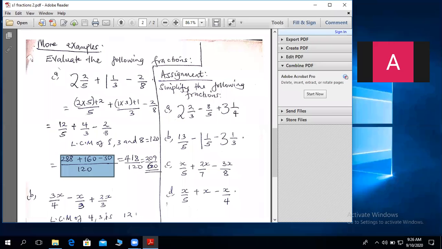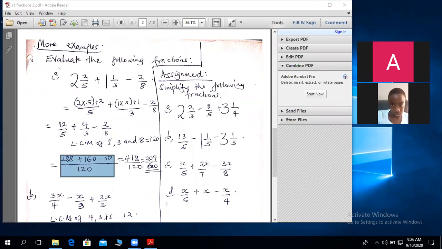The calculator should be able to give you 15. Then 15 times 2, the answer is 30. So that's how I'm getting these numerators here.